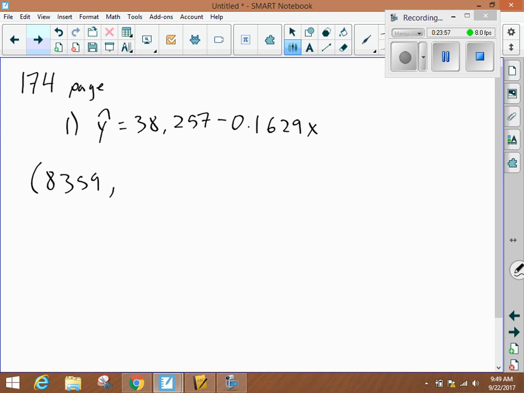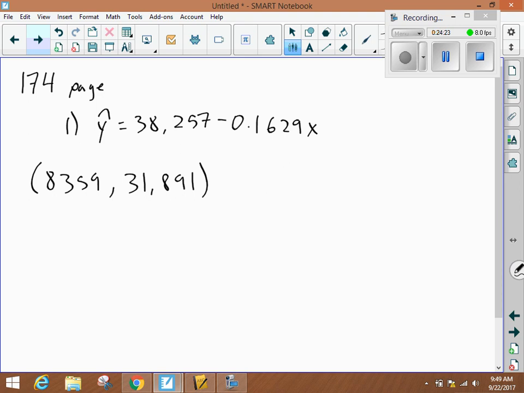This actual data is somewhere else. Here we go. The value was 31,891. Cool. So we're going to find the residual for this particular data point.